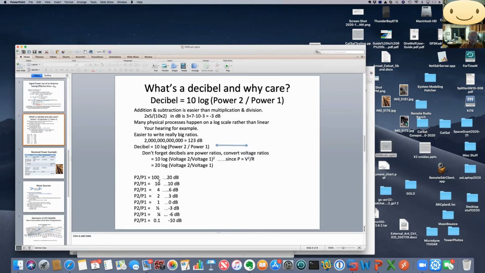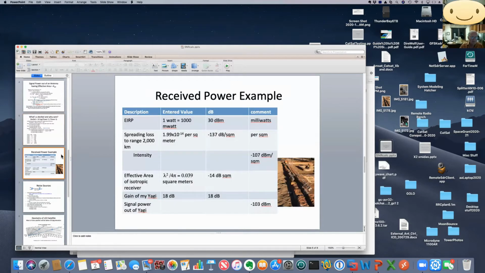It's because it's easier for most people to add numbers rather than multiply them. And so if I have an equation like we were looking at before that had a lot of multiplies and divides, if you turn everything into decibels, all you have to do is add and subtract and make your life a lot simpler.